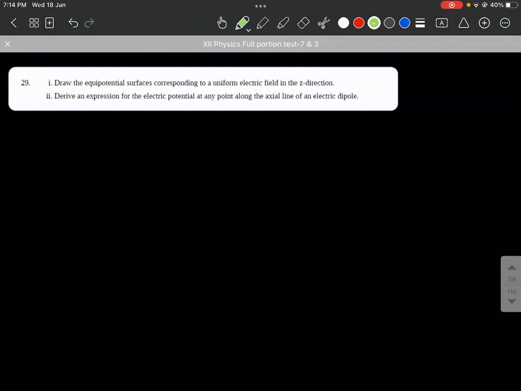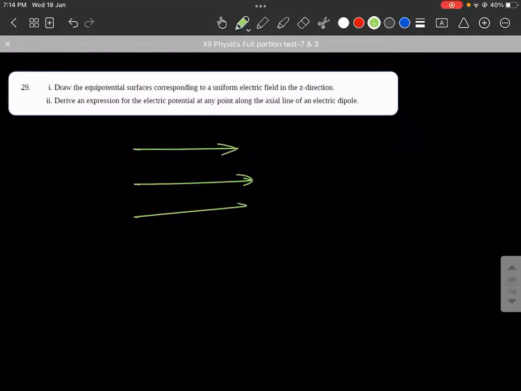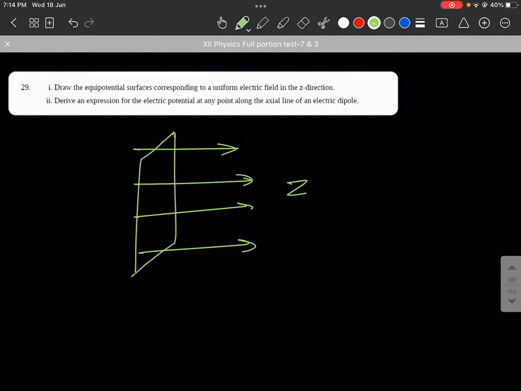Draw the equipotential surface corresponding to uniform electric field in the z direction. So if I take, for example, this to be the z direction, what is going to be the equipotential surface?